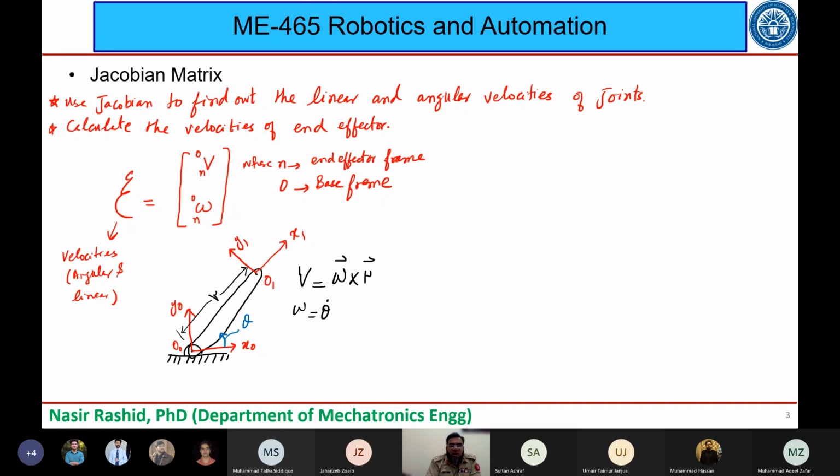Since we are dealing with 3 dimensions, let me just put a line here.